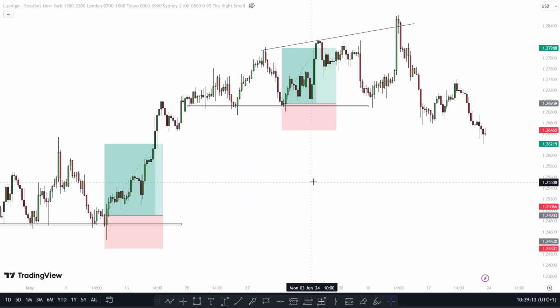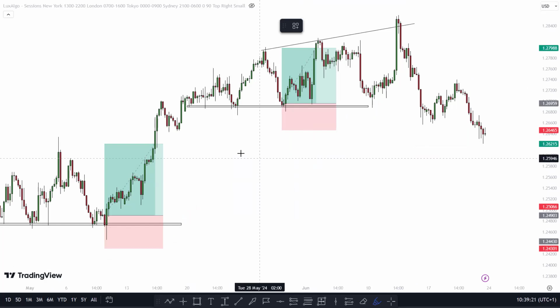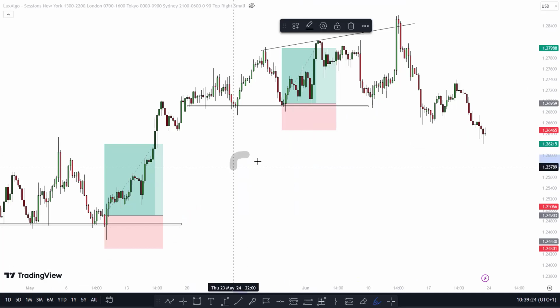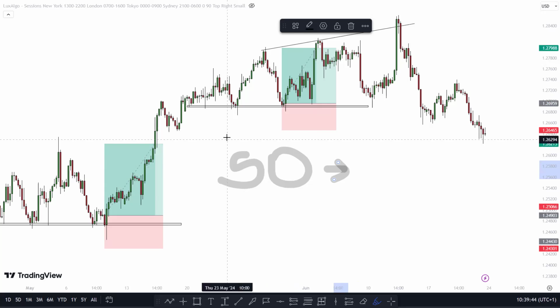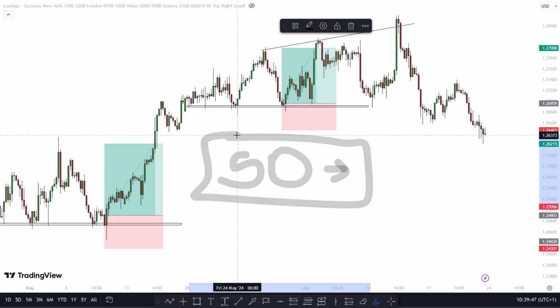Okay, so let's say we have 6 trades. We are risking $50 per trade.